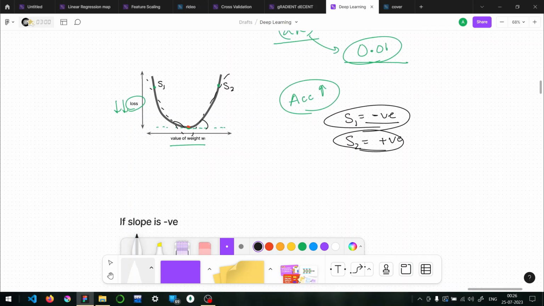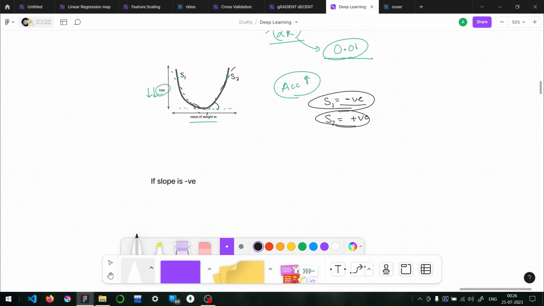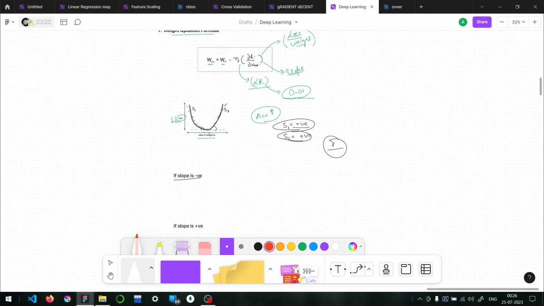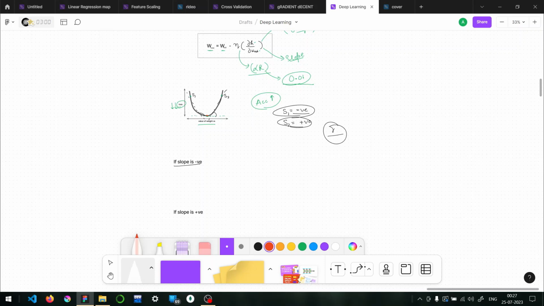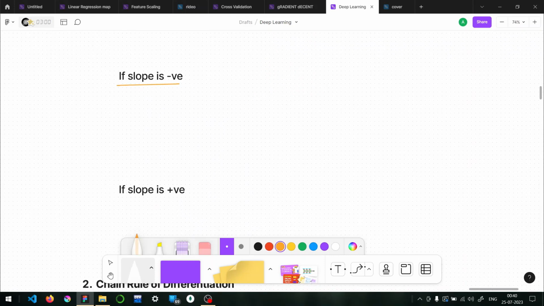We all know the partial derivative of something over something is the slope itself, right? So if the derivative is negative, that means the slope is negative. Let me calculate the weight updation formula for you. What was the formula?